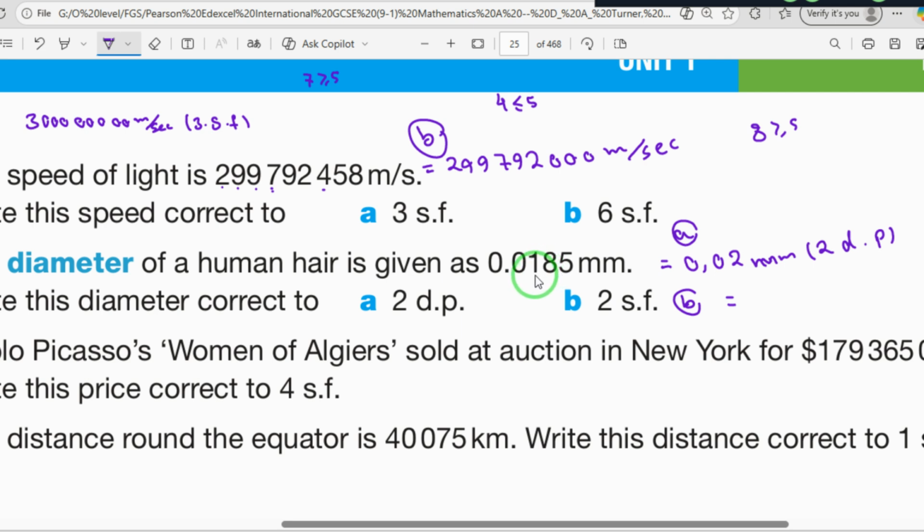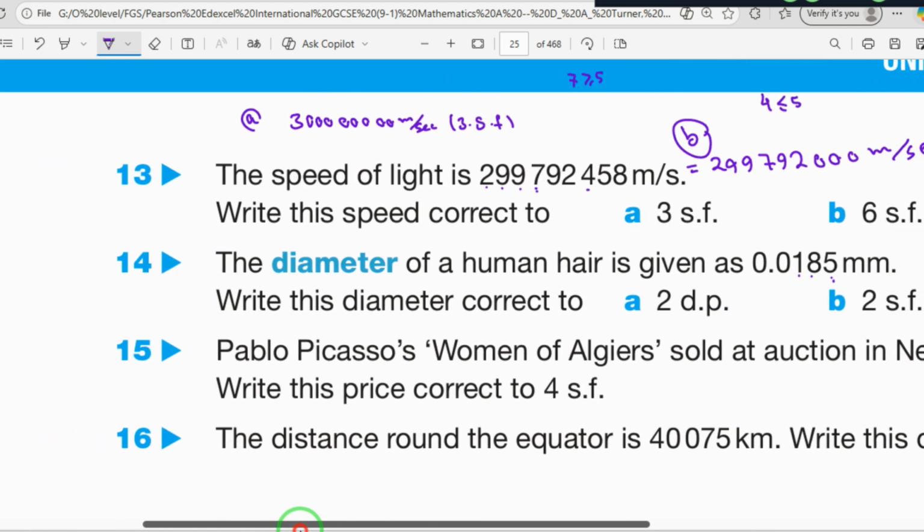So we start from here, first and second. We face with 5. Here 5 is equal to 5. We round up, 8 becomes 9, so it becomes 0.019. Instead of 8 we round up to 9 millimeters. This was the solution of question number 14.